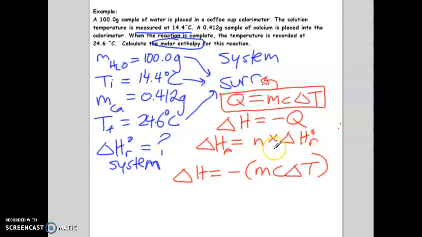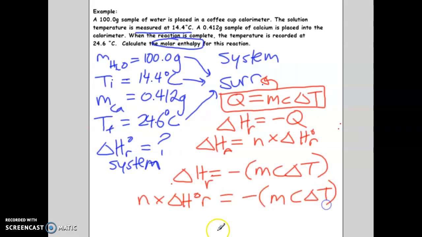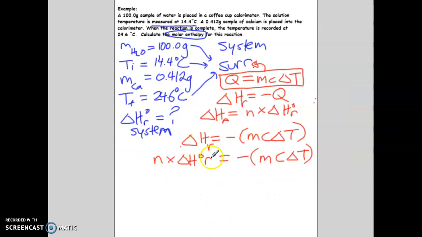So if we were to sub this in to where our delta HR is, delta H of the reaction, we would have N times delta H naught is equal to negative Q again. So if we're trying to solve for molar enthalpy, we would just want to isolate for delta H naught.